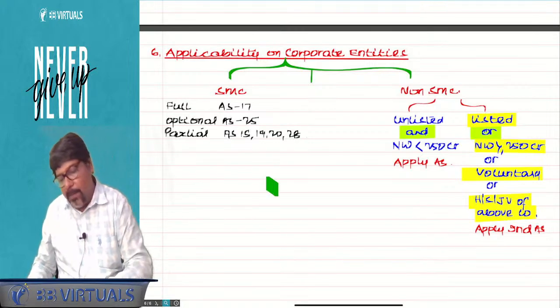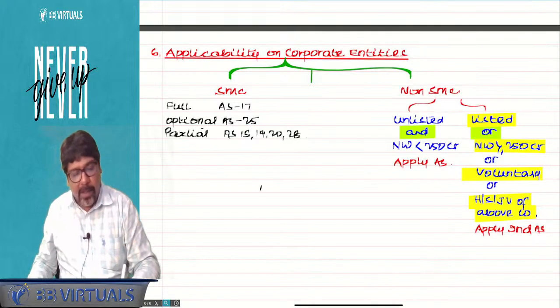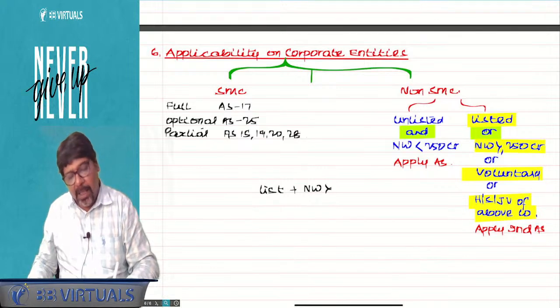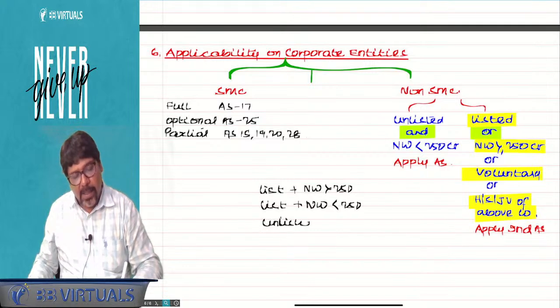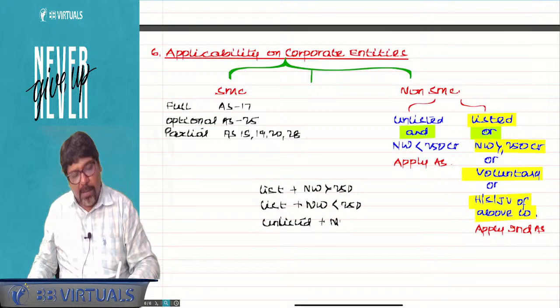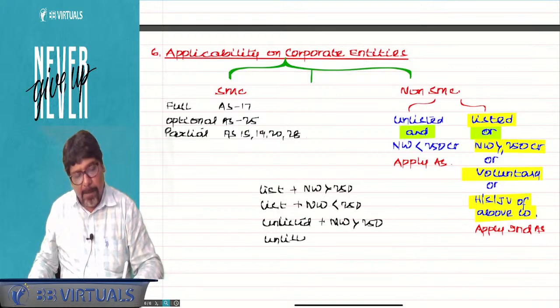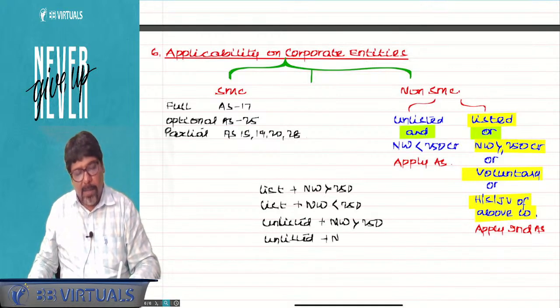Suppose you are listed plus net worth greater than 250, listed plus net worth less than 250, unlisted plus net worth greater than 250, or unlisted plus net worth less than 250.